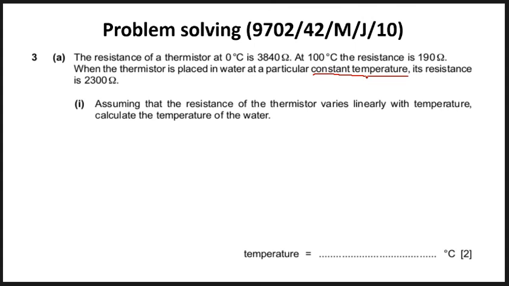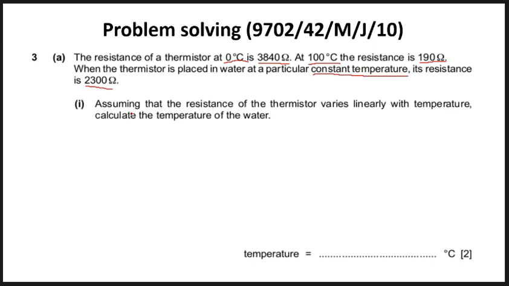That means at a given temperature, the reading of the resistance was 2300, whereas at the upper fixed point, which is 100 degrees Celsius, the reading was 190 ohm. While at the lower fixed point, which is 0 degrees Celsius, the reading on the resistance thermometer was 3840 ohm.